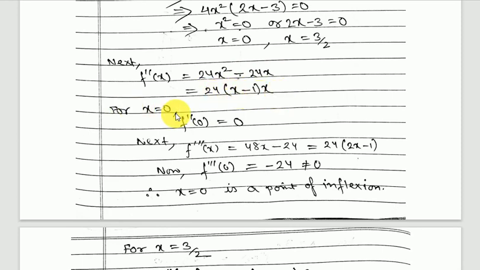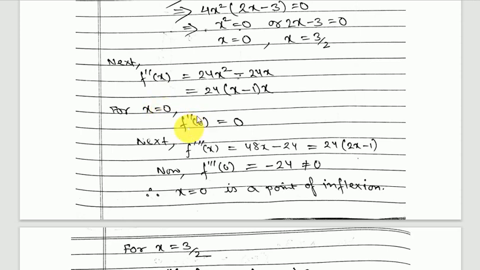Now what we'll do is, we have got two values, x equal to 0 and x equal to 3 by 2. We don't know which one is the point of minimum and which one is the point of maximum. That we would come to know only after putting their values into the second derivative. So we will find the second derivative for x equal to 0.